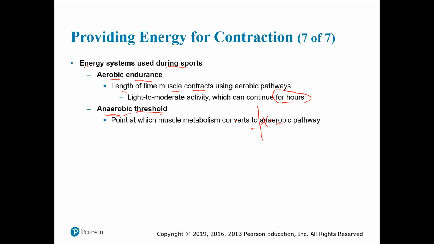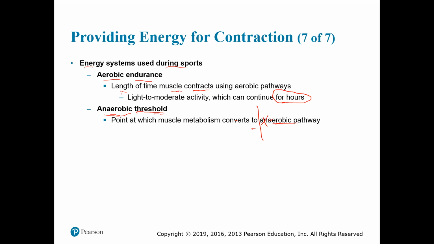That's supposed to be saying aerobic, not anaerobic, right there. All right, so it's going to have to convert. So if you're running the first mile, or less, whatever time you have, say a few minutes, if you're in shape, anaerobic pathways, then you start breathing a little heavier, and then you have to kick into your aerobic pathways.